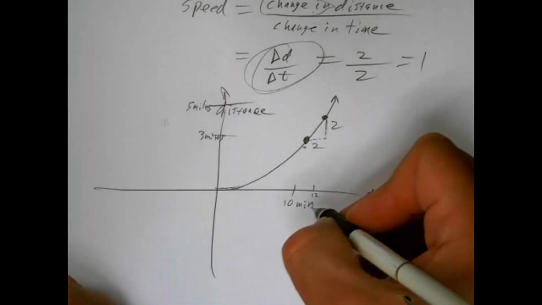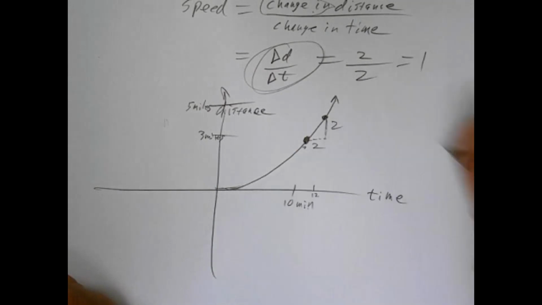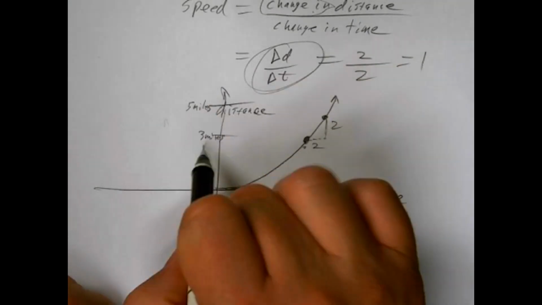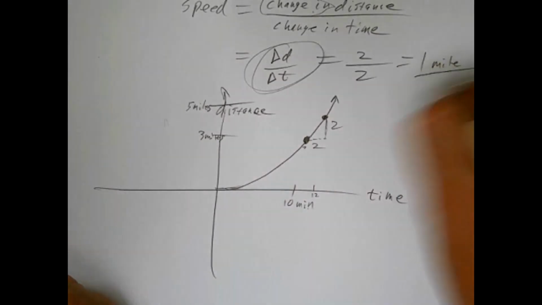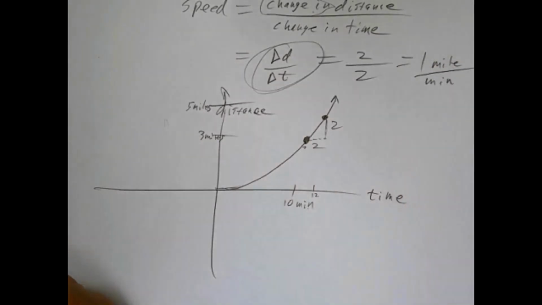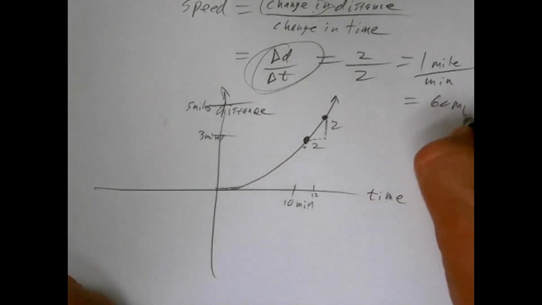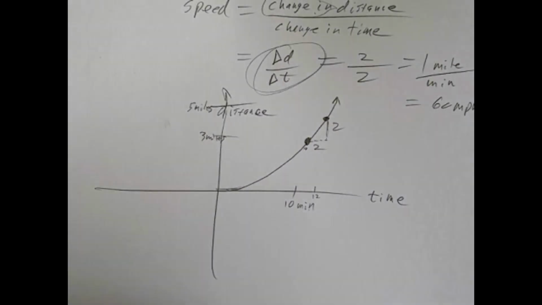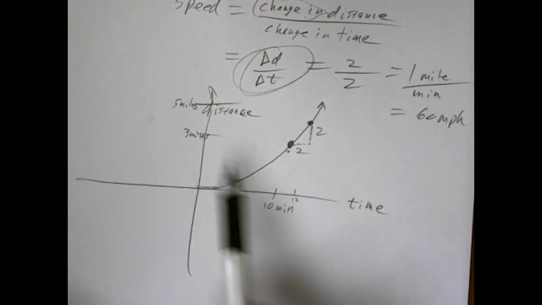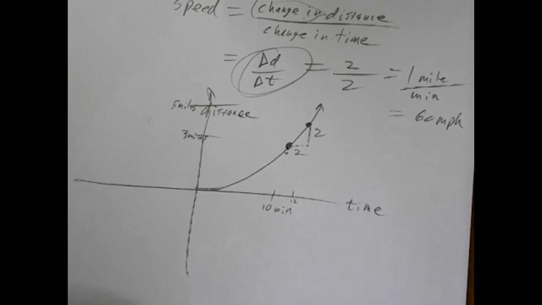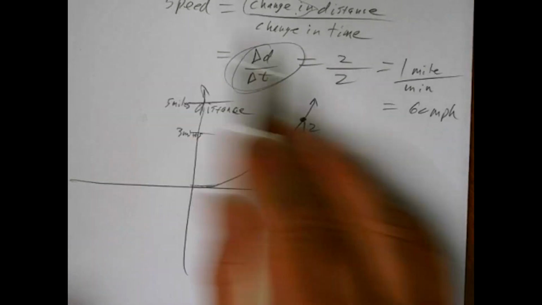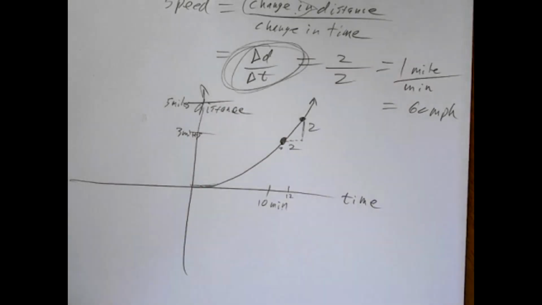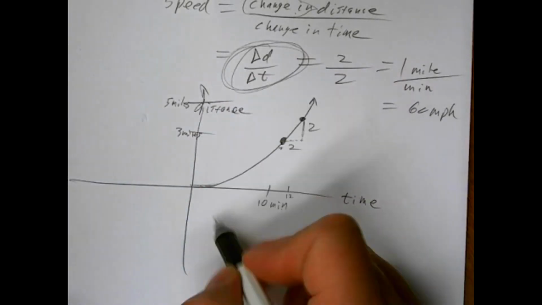Well, if time is in minutes and distance is in miles, that is 1 mile per minute, which, by the way, if you do some unit conversion, is 60 miles per hour. I'm doing 60 miles per hour if I have traveled 2 miles in 2 minutes. So how was my speed found? My speed was a slope. You should recognize all of this as being slope.